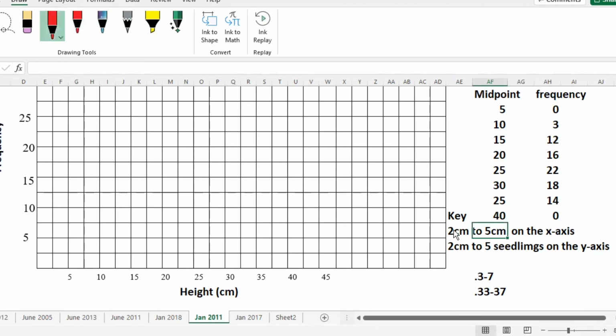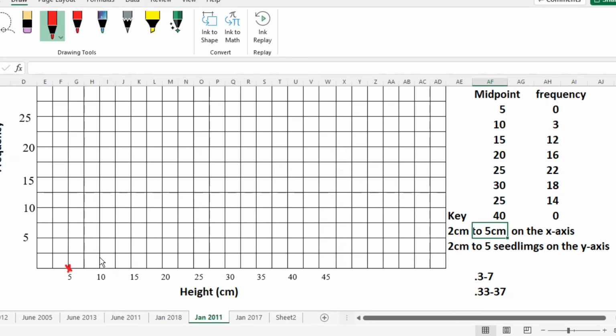So now we have our scale, 2 centimeters to 5 centimeters on the x-axis, 2 centimeters to 5 seedlings on the y, which is our frequency; our x is height. So we have a midpoint of 5 with a frequency of 0. That will be right here. Next, we have a midpoint of 10 with a frequency of 3.